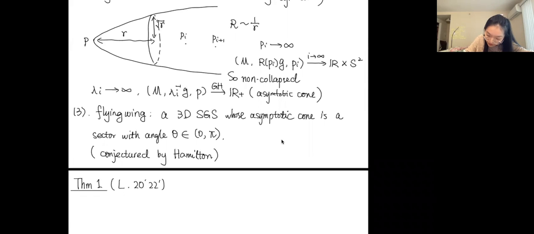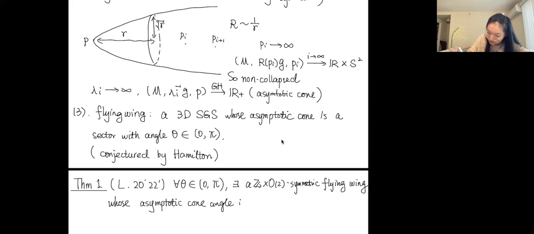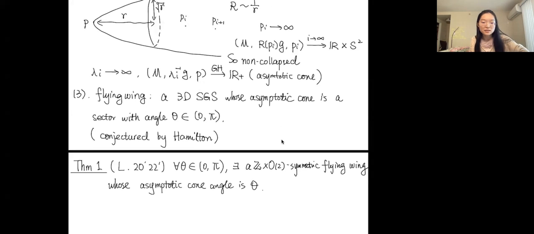For any theta between 0 and pi, we can find a Z2 cross O2 symmetric flying wing whose asymptotic cone angle is theta. So this is the existence of the flying wing.